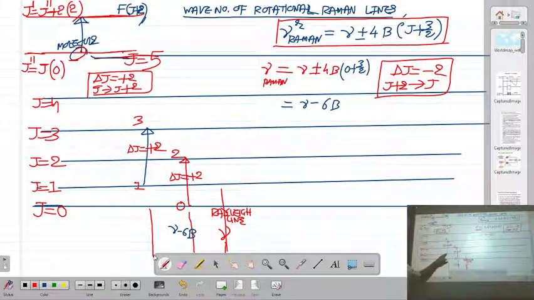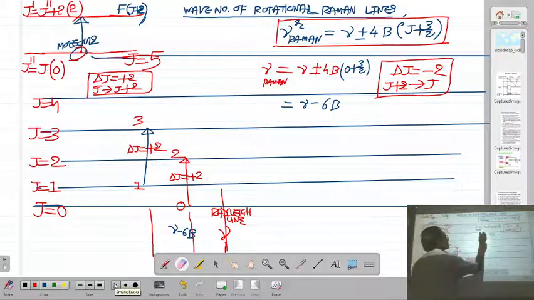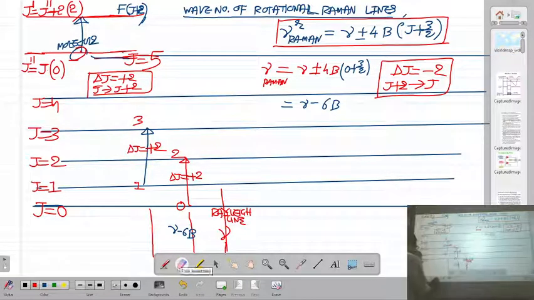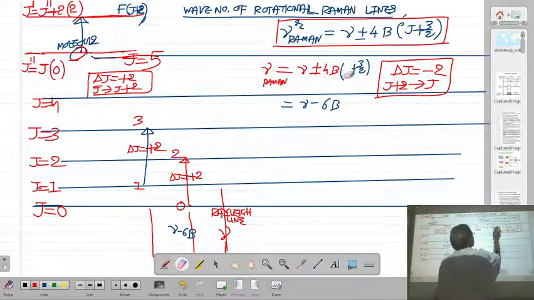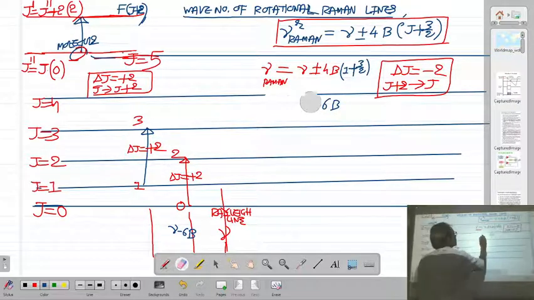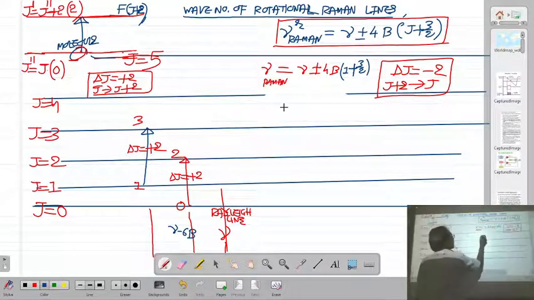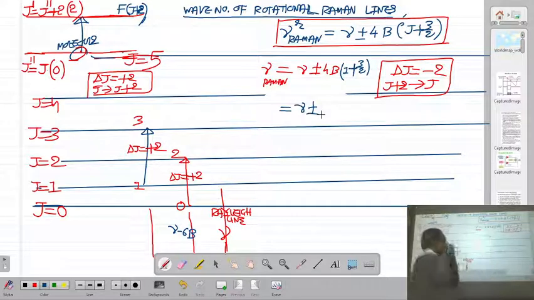For the wave number of this line, it will be nu plus or minus 4B times (J plus 3 by 2). What is the lowest rotational quantum number? 1. So instead of 0, I put 1 here: 1 plus 3 by 2.